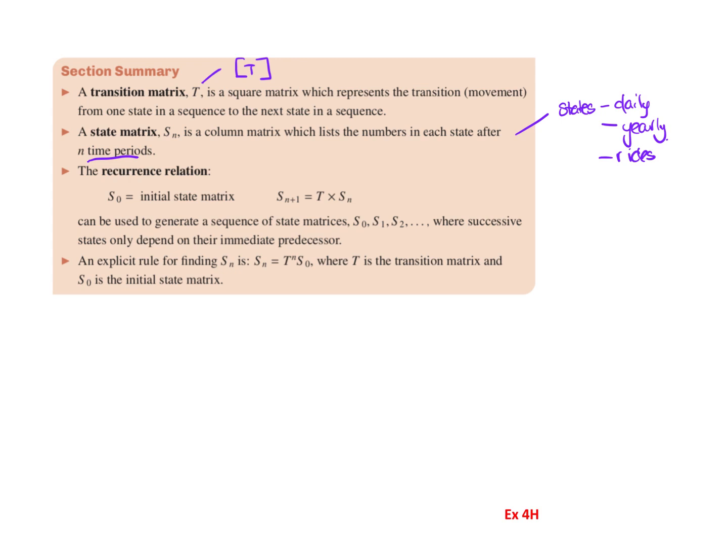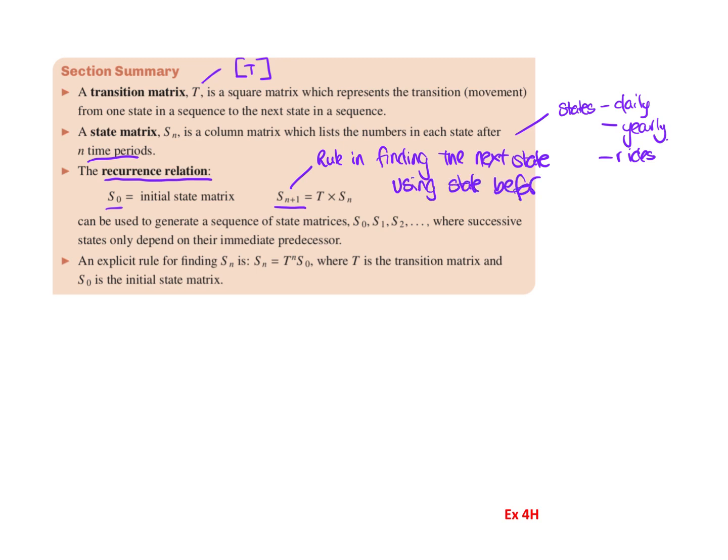And we know that the recurrence relation is just when they write it like this, where they give you the initial start values in a matrix, and then they write this rule, we use this recurrence rule in finding the next state using the state before.